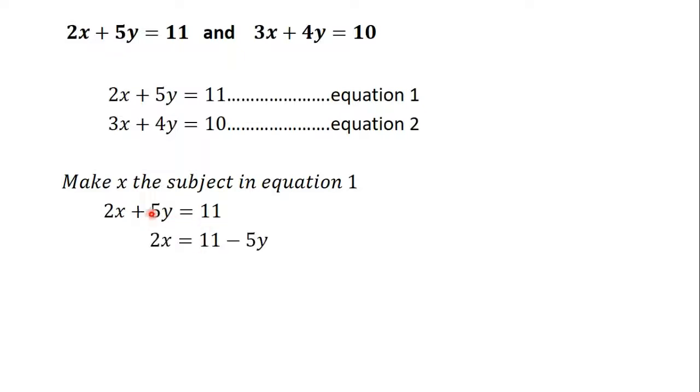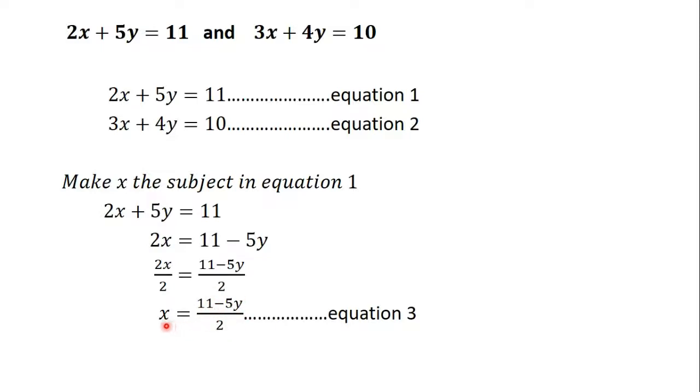So, I'll send 5y over here. So, I'll have 2x is equal to 11 minus 5y. In making x the subject, I'll divide both sides by 2. So, x will give me 11 minus 5y over 2. So, I now have this as x. So I've made x the subject in equation 1.